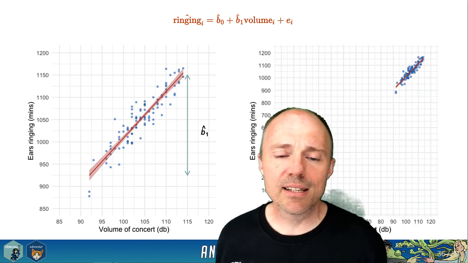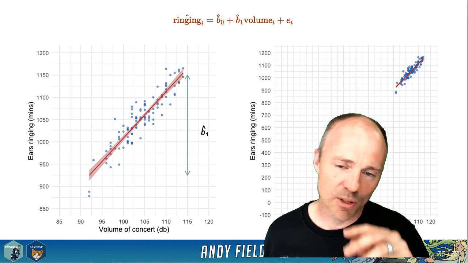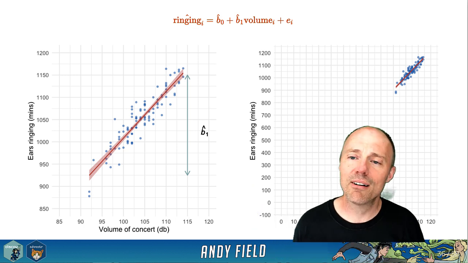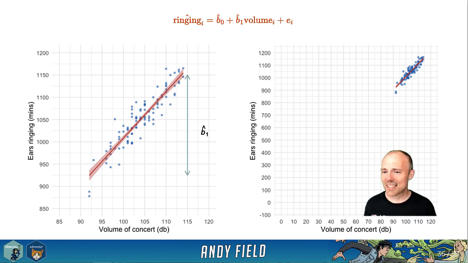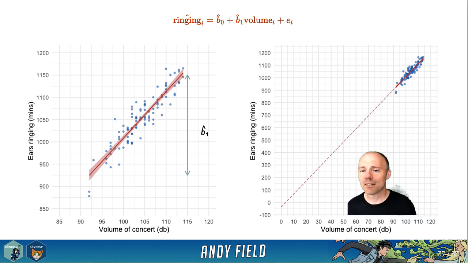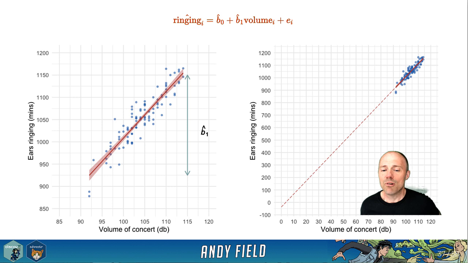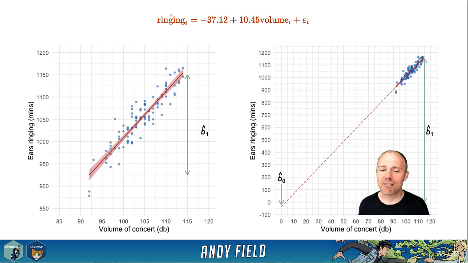We've also got this beta 0 though, and to have a look at what this means, we've got to scale out of the graph a bit. We've got our cloud of data and our line here, but if we were to extend this line backwards, right to the point where the volume of the concert was 0, so no noise whatsoever, the question is, how long were people's ears ringing for? That's what beta 0 represents.